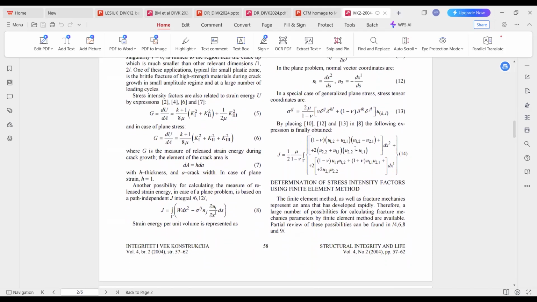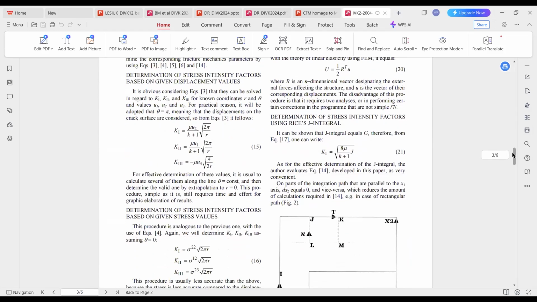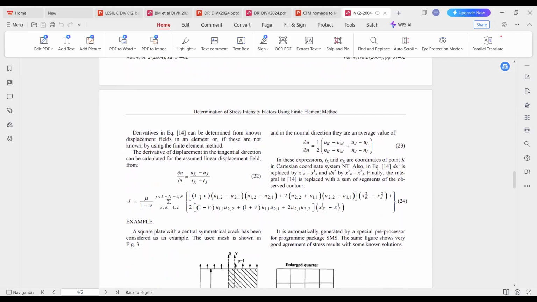Equation number 14 here is given in the form of continuum mechanics. This is the J integral, the famous J integral along a certain path. The same equation is given later in this paper, in this form, and in this form it is already discretized.